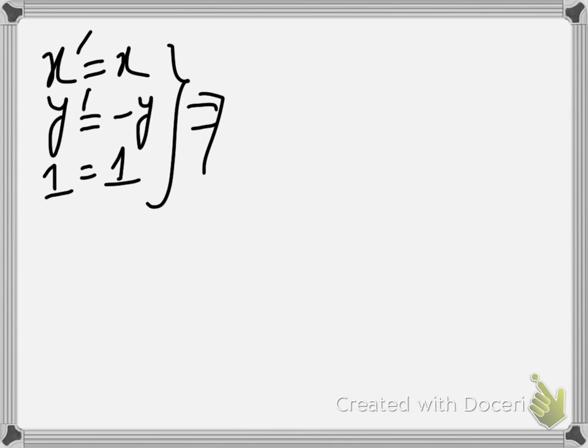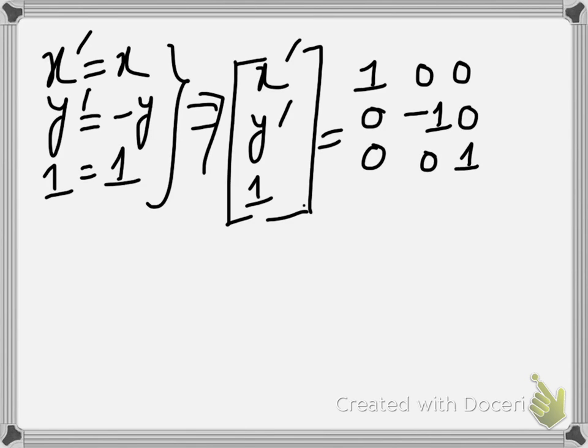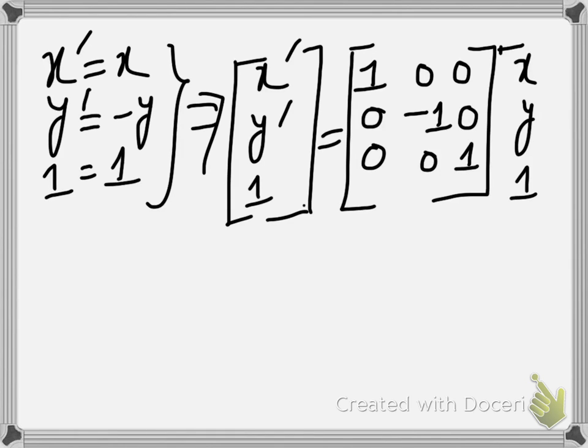And if you convert this into matrix form, you get x dash y dash 1 equals to 1 0 0, 0 minus 1 0, 0 0 1, multiplied with x, y, and 1.